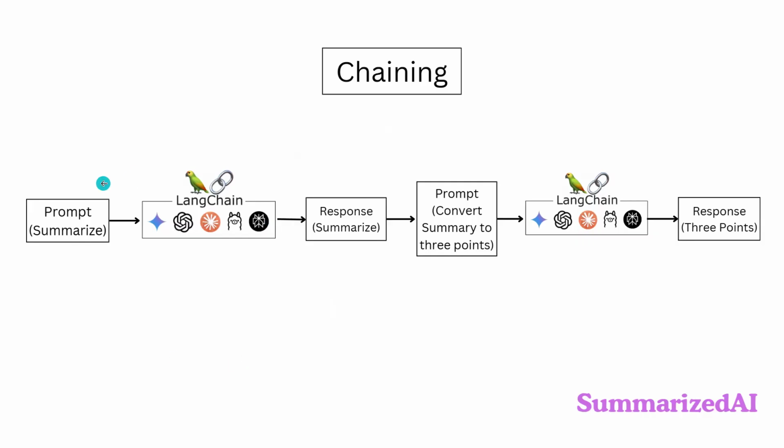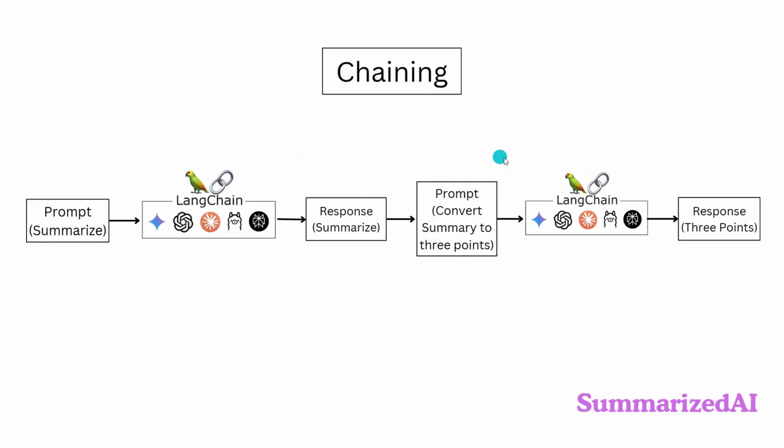So for example, in my next example, I'm going to have one prompt just to summarize any topic. We will be using one of the LLM models with the help of LangChain. It will give us the response, the summarization of that topic. Now that summary will be the input of our next prompt, where we convert that summary into 3 points, only 3 points.